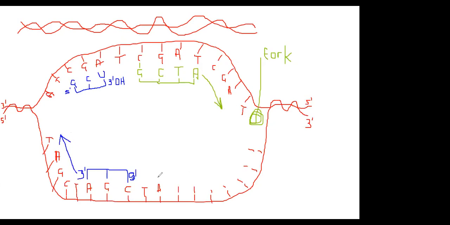So what happens in this section here? That still needs to be replicated. So what happens is that additional little RNA primers have to be inserted here and here, and so on.